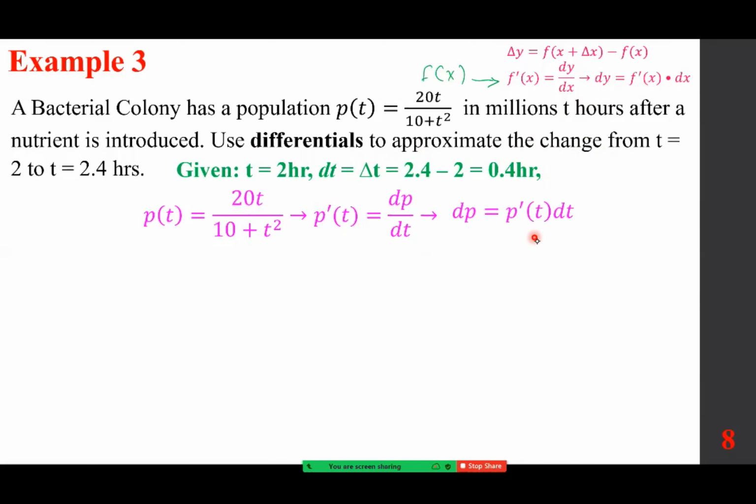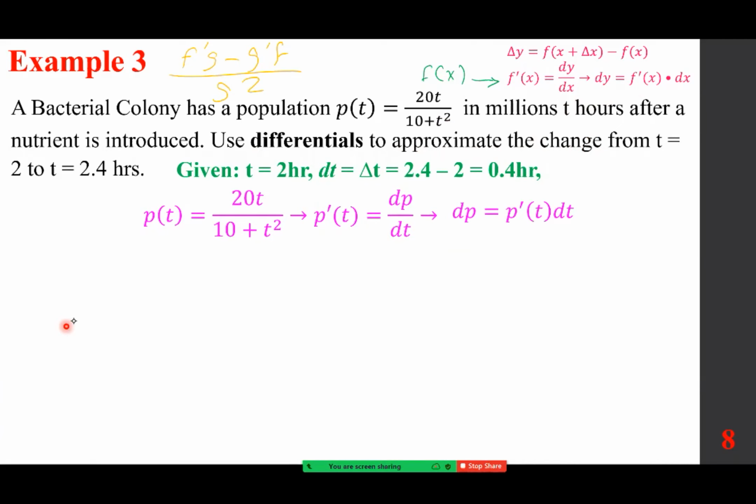So the very first thing is to differentiate this function, which requires a quotient rule. So you need f prime g minus g prime f over g squared, where the top is f, the bottom is g.